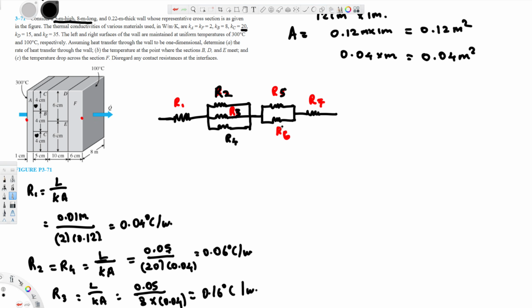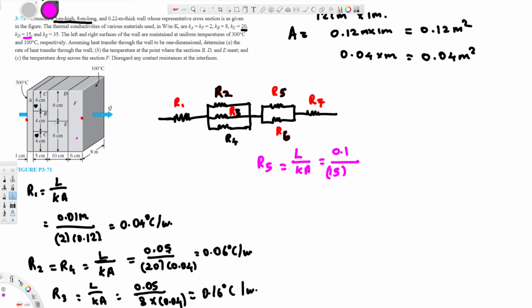Here we have R5 and R6, right? Let's calculate R5. This is 5, and that is 6 centimeter long. So again here area is going to be different. Let's put the equation first: L over Ka. L is the thickness, that is 0.1 over K for D. K for D is 15 times the area.